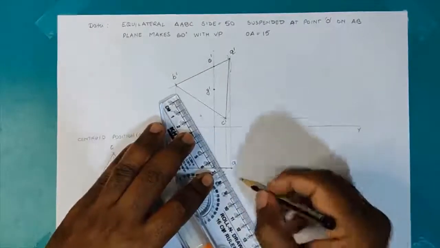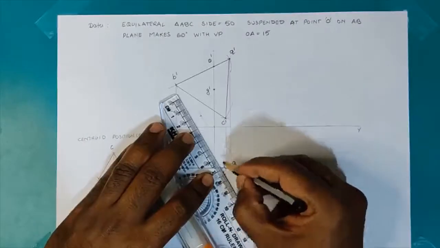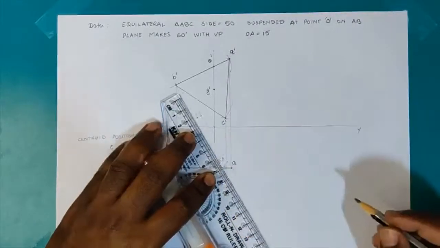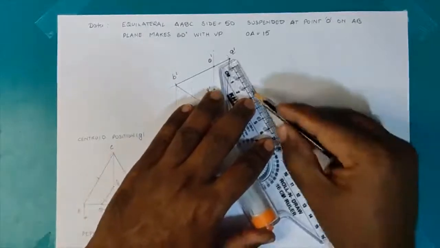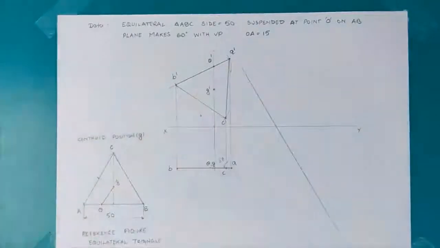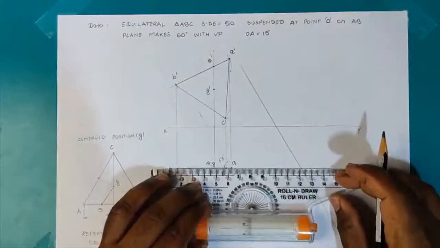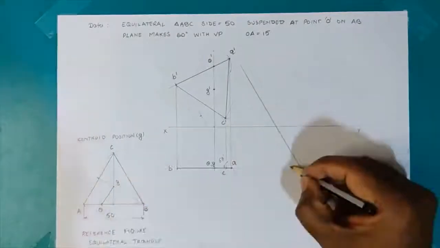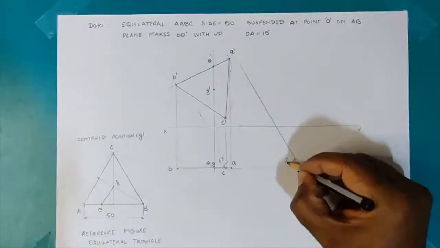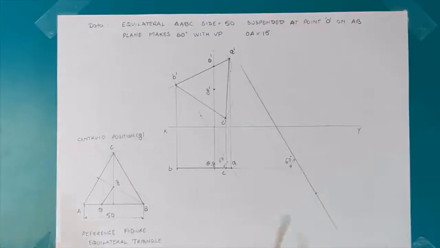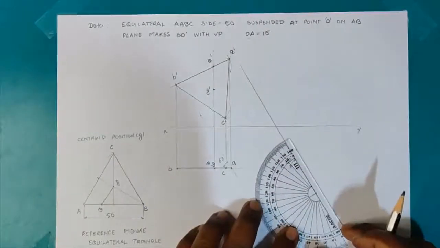Remember, this angle is 60 degrees which I have to take, and now I make the auxiliary plane. So this is an auxiliary vertical plane on which I'll be obtaining the auxiliary front view. The auxiliary plane is at an angle of 60 degrees.